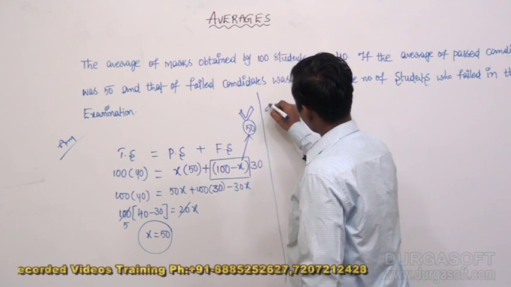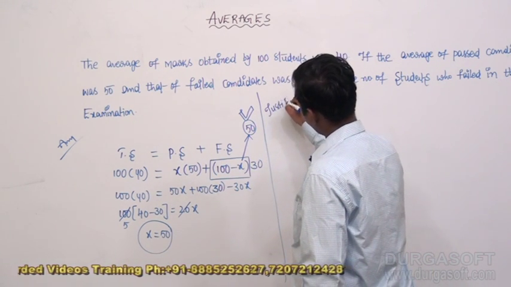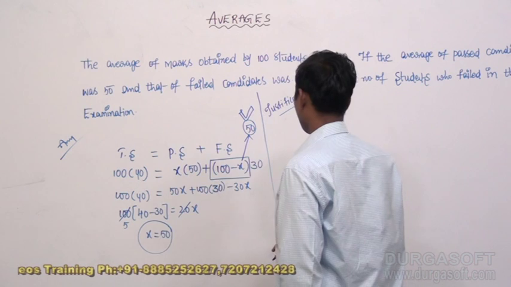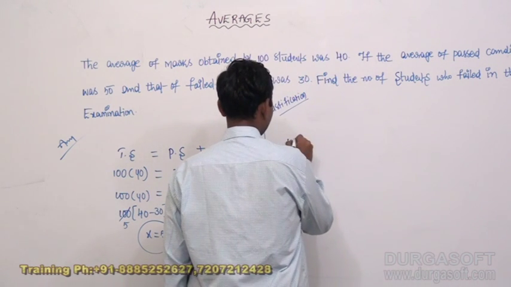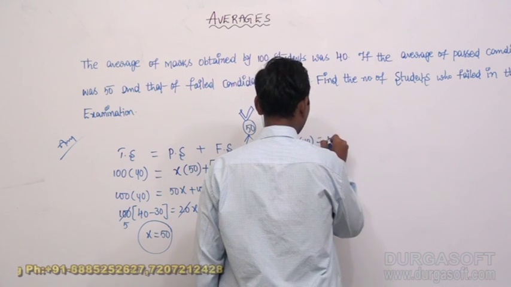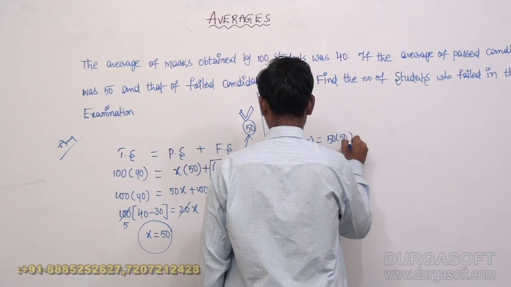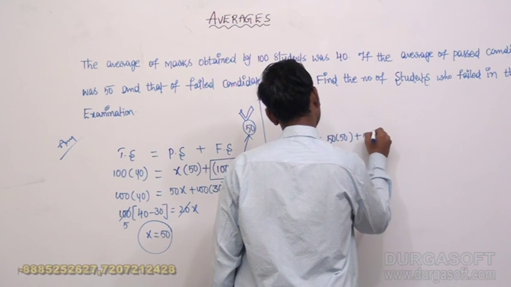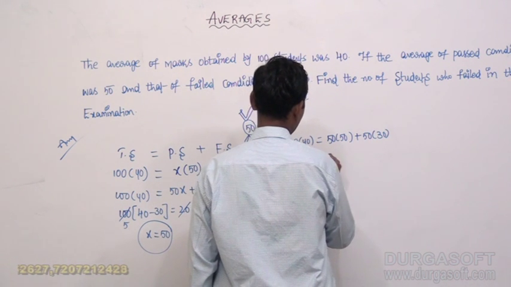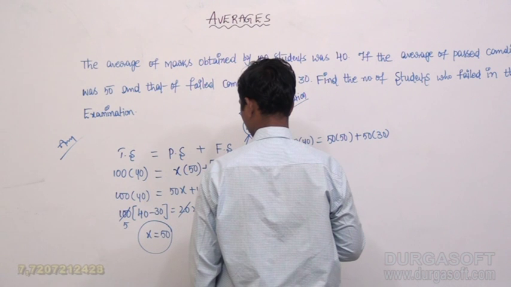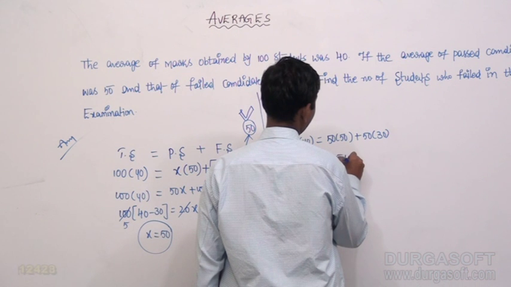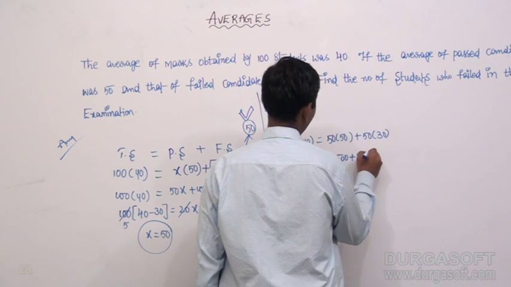If you go for justification, let us check whether we got the right option or not. 100 into 40 equals 50 into 50 plus 50 into 30, that is 2500 plus 1500.